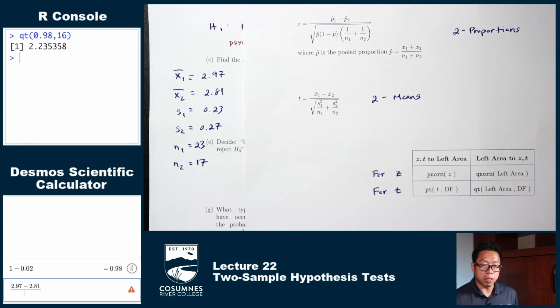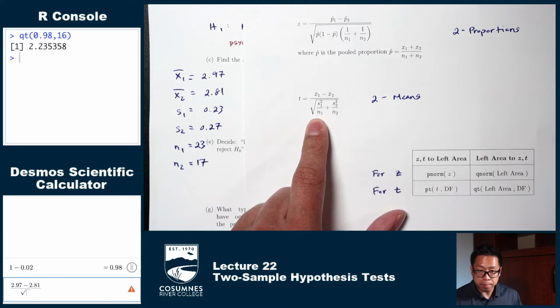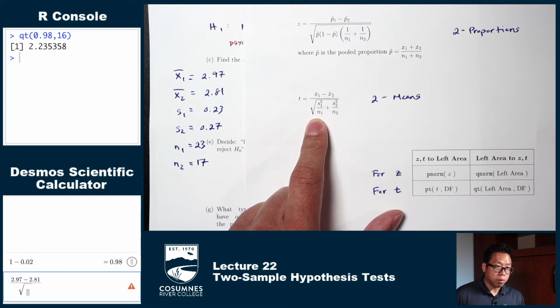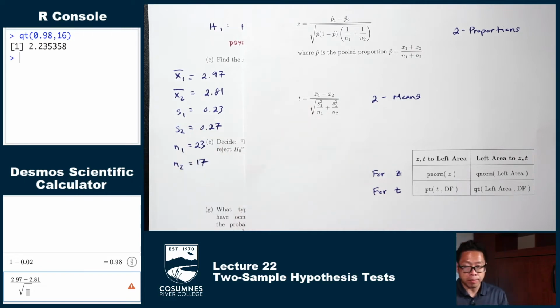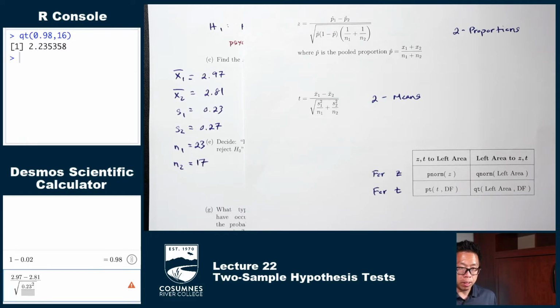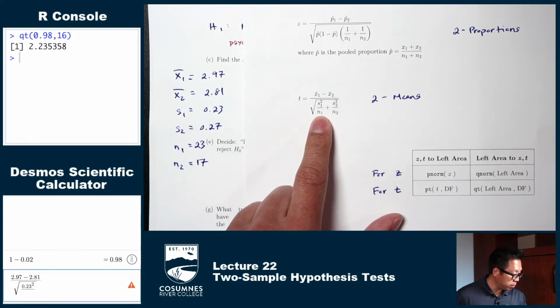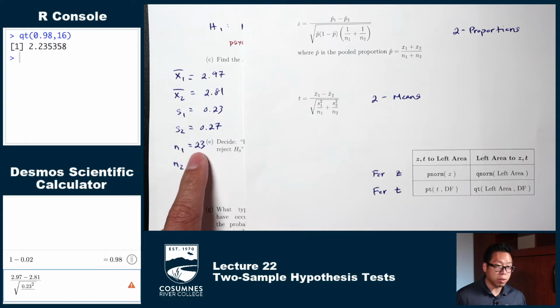On the bottom, big square root, fraction. That first fraction is s1 squared over n1. So s1, 0.23, squared, don't forget the square. And on the bottom, n1 is 23.